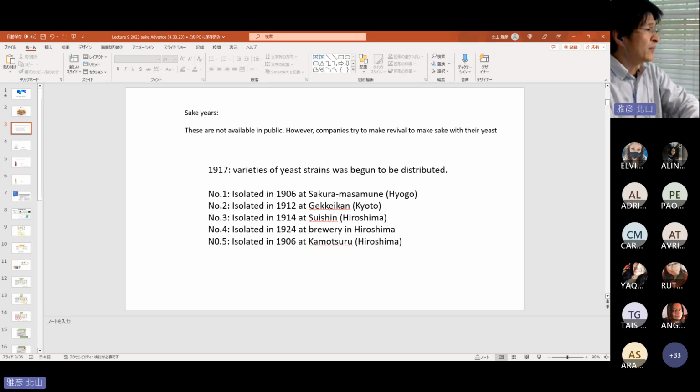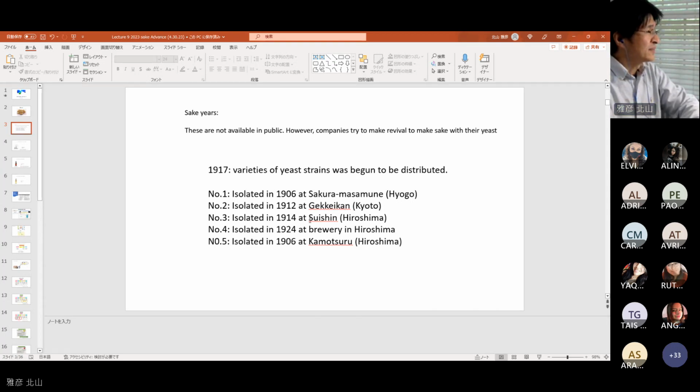And the government tried to isolate the yeast from their brewery in Gekkeikan, Kyoto, and they isolated one yeast strain. And the government began to distribute this strain from the year of 1912, which was called strain number 2.